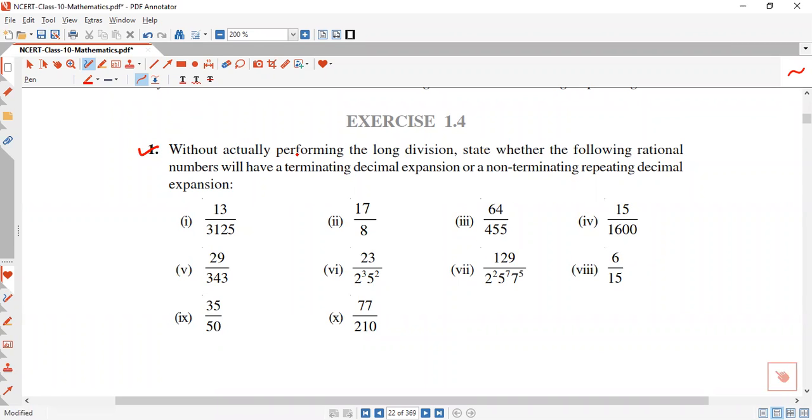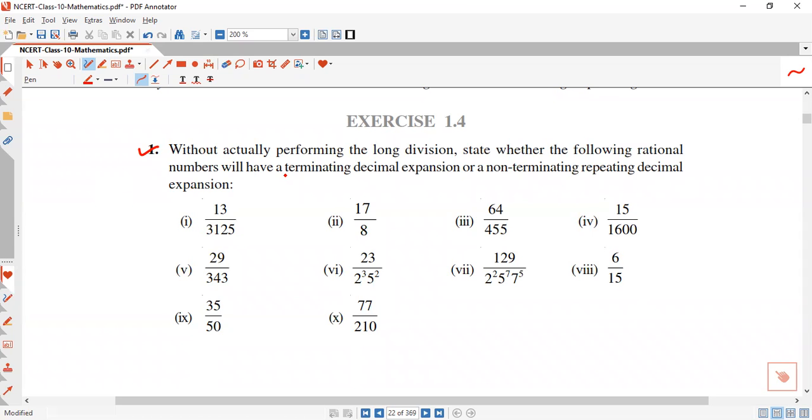Without actually performing the long division, state whether the following rational numbers will have a terminating decimal expansion or a non-terminating repeating decimal expansion. In these questions we just have to find out whether these rational numbers have a terminating decimal expansion or a non-terminating decimal expansion.